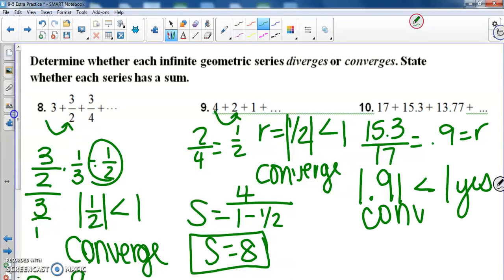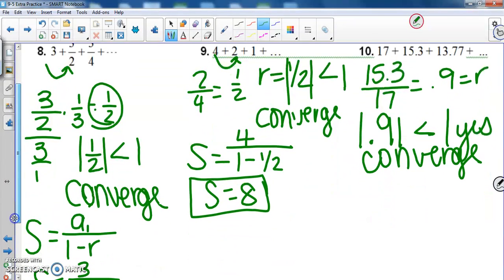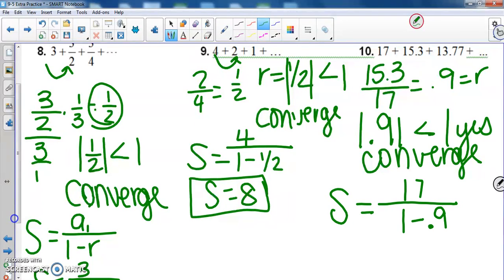Therefore, we converge. Since we converge, I'm going to find the sum, which is my first term over 1 minus my ratio, so 17 divided by 0.1. So the sum would be equal to 170.